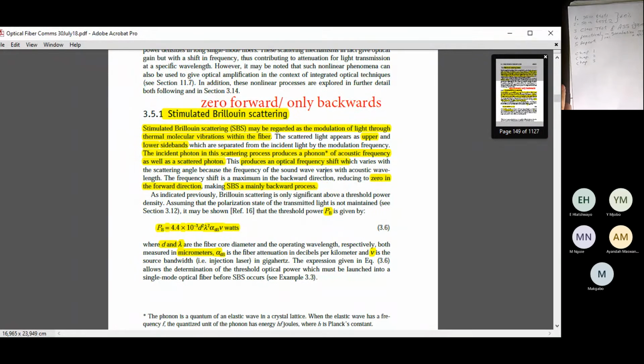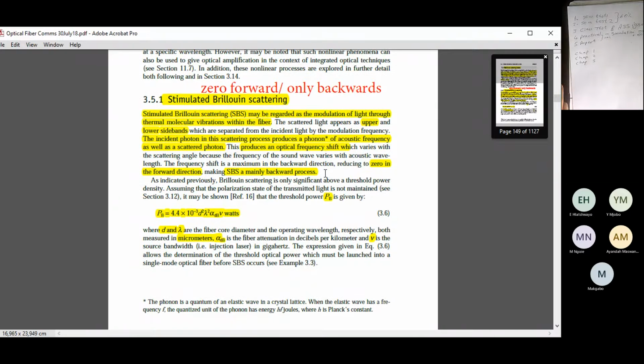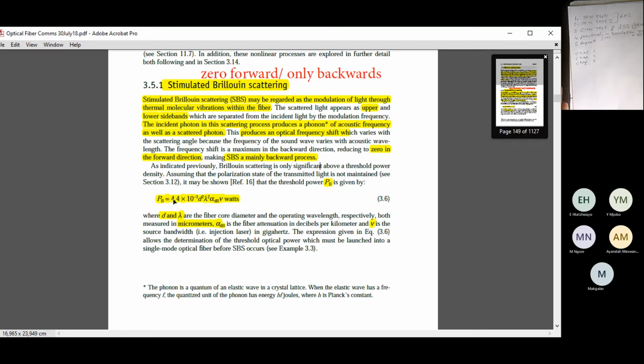Okay. The formula for Brillouin. Here it is. You must know the formula also. For Brillouin scattering, to calculate the loss in power in watts, it is 4.4 times 10 to the minus 3 times d squared.